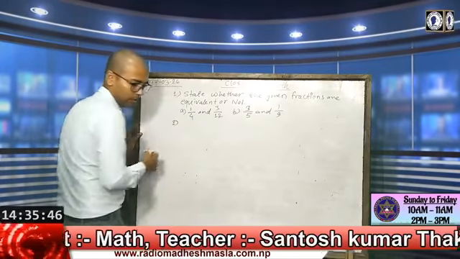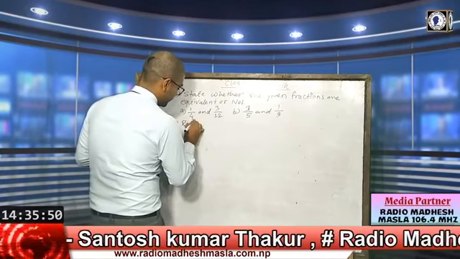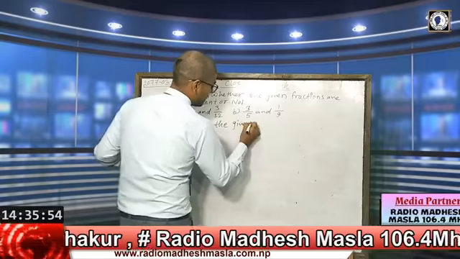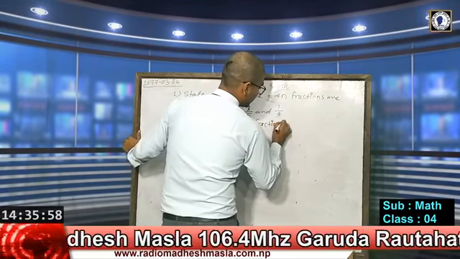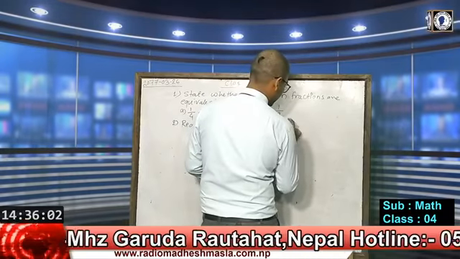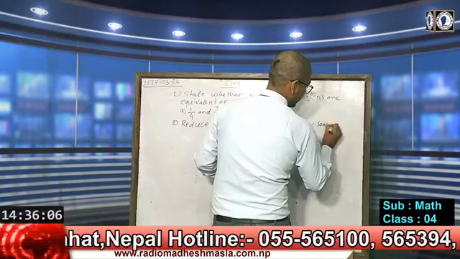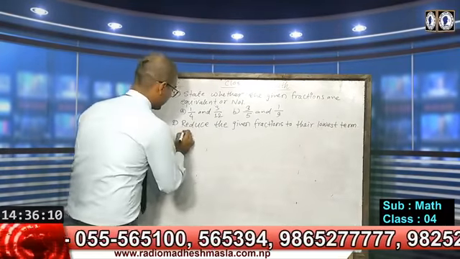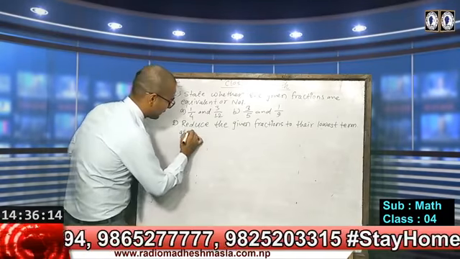In the same way, question number 2: reduce the given fractions to their lowest terms. In question A we have 4 by 16.